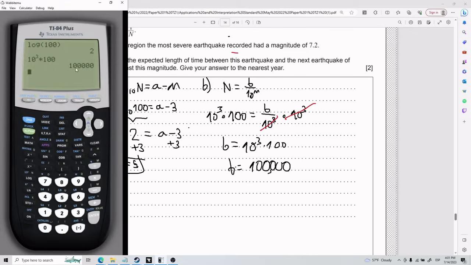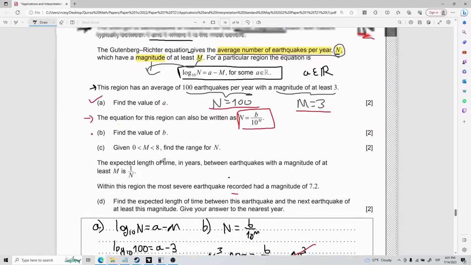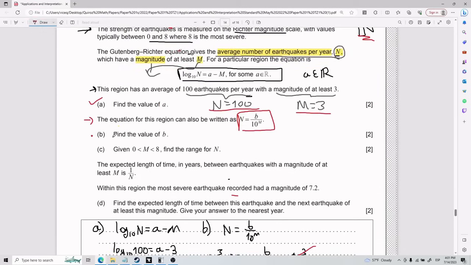Is that right? It does look right to me. That is b. Cool. Okay. Not that hard, eh? I knew you could do this. Part C. Given that m is greater than 0 but less than 8, find a range for N.